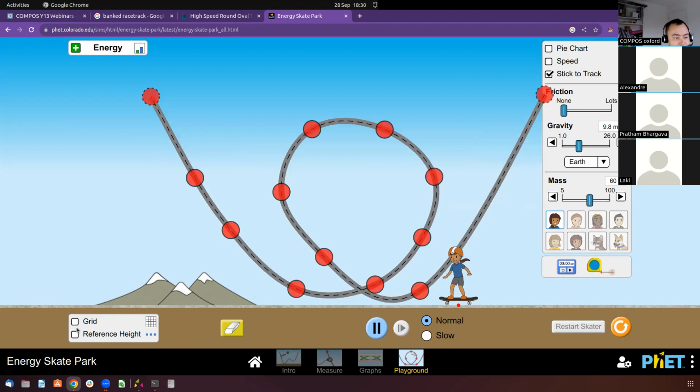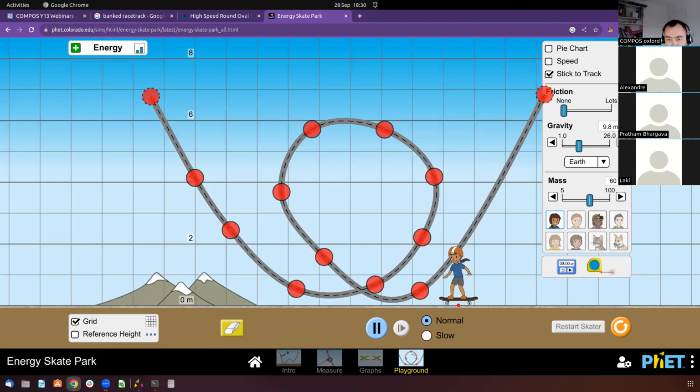If I want the skateboarder to make a whole loop, let's say I let go from 6 meters, and the top of the loop is also 6 meters. So it should reach the top. Once again, it reaches the top, then slides down. So all I need is to release slightly higher. Yes. Makes perfect sense.